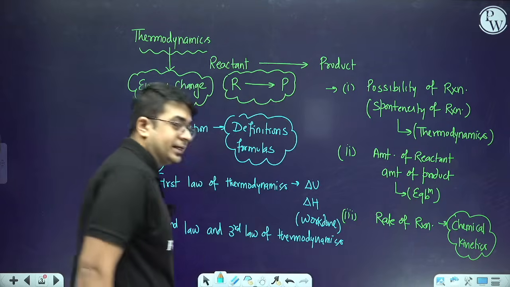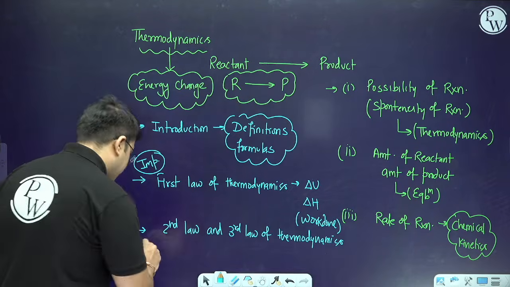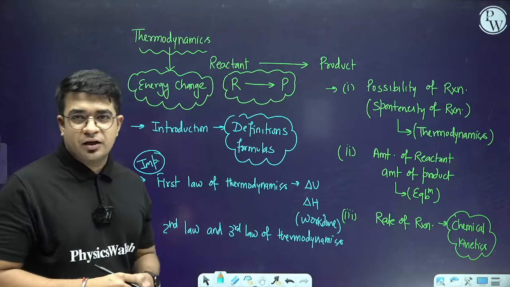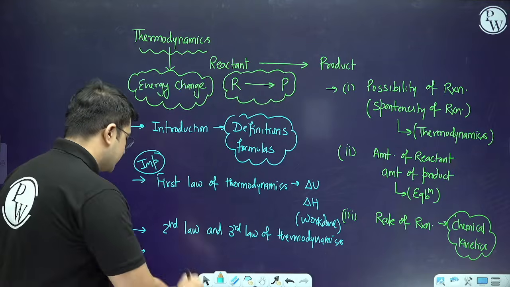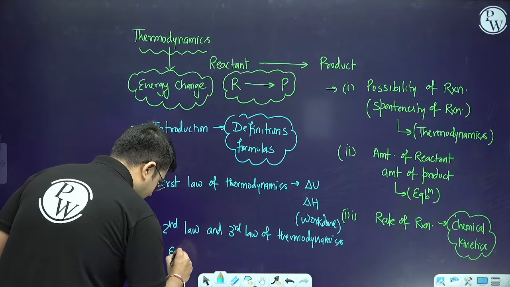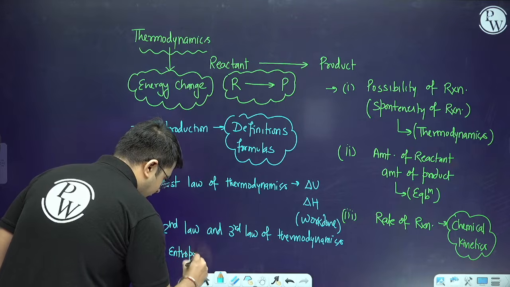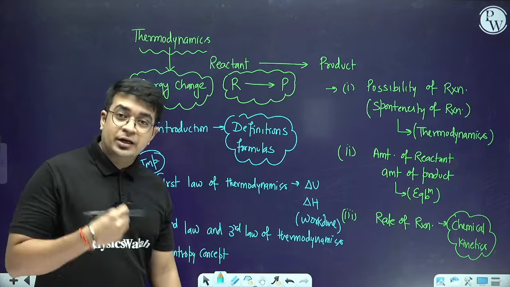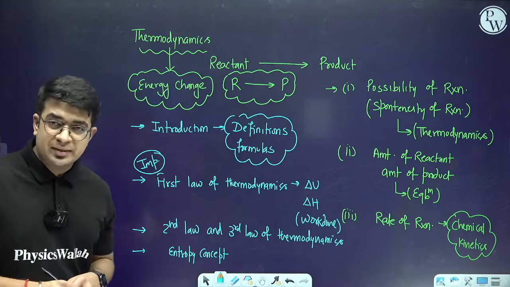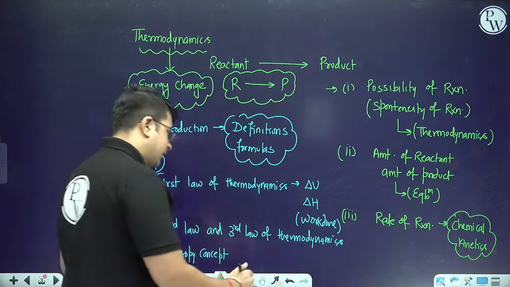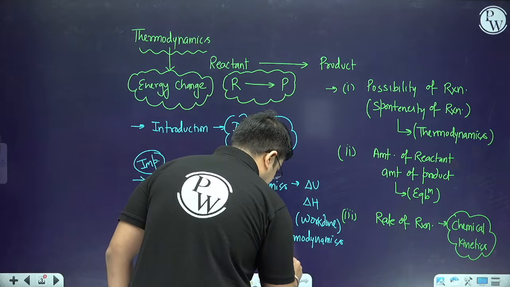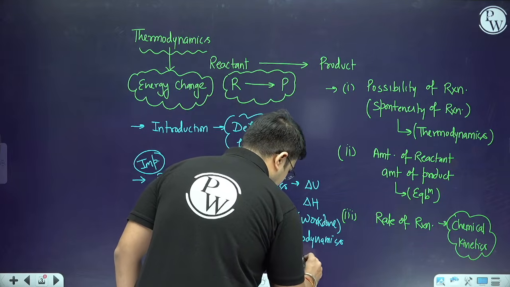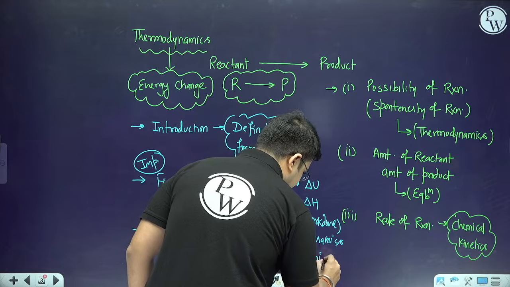If you have completed the entire part, then there is one important concept which is a sub part of these two laws, which is the entropy concept. So we are going to discuss the entropy concept in case of thermodynamics. And the last part, which is very easy, corresponds to thermochemistry.